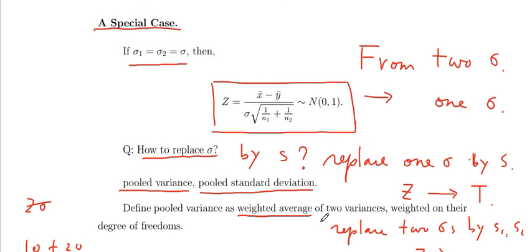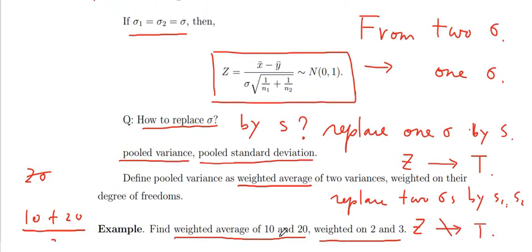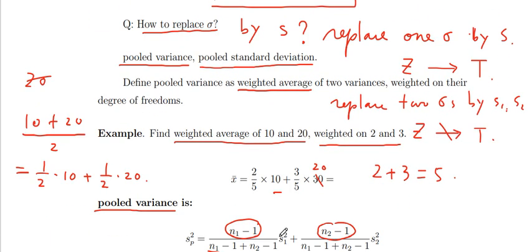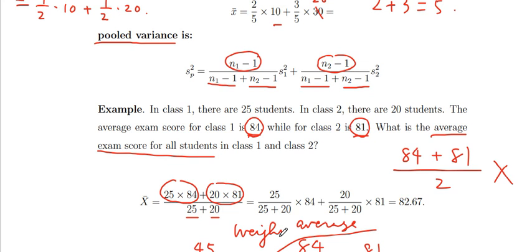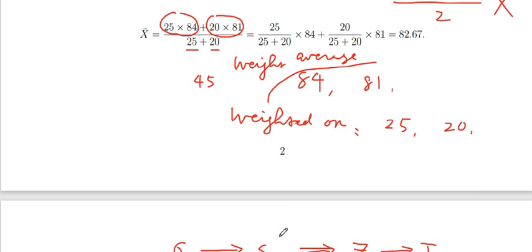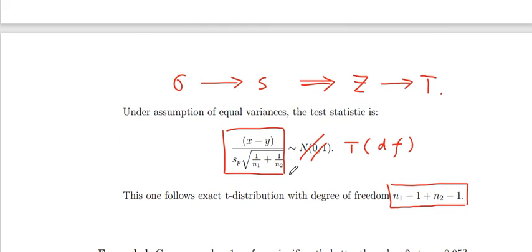So the testing process is quite the same. The only different thing is the formula for the test statistic: x bar minus y bar over Sp times the square root of 1 over n1 plus 1 over n2. So we need to know how to find Sp.